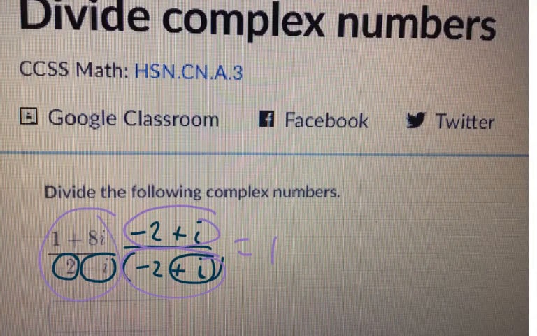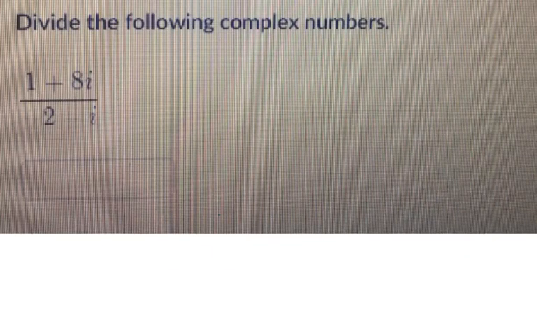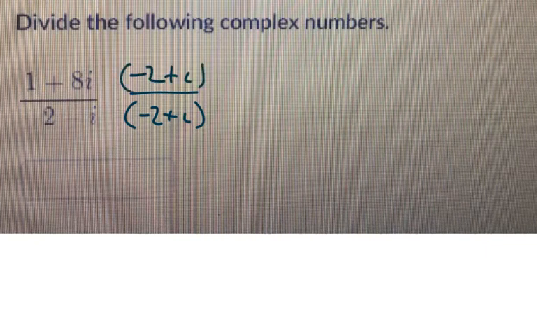So I'm really timesing this by 1. So the values stay the same, even though the numbers look different, it's still the same value. But anyways, whether you understand that or not, the important thing is to remember this. I'm going to times by the conjugate, top and bottom.